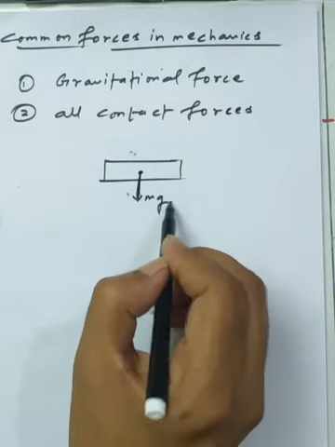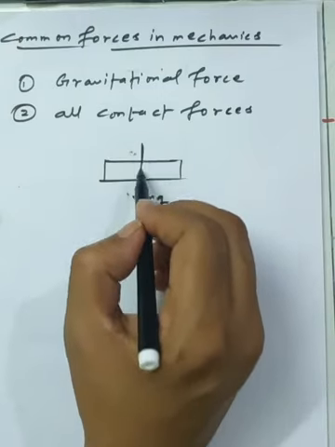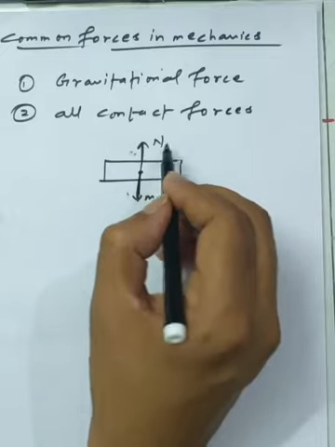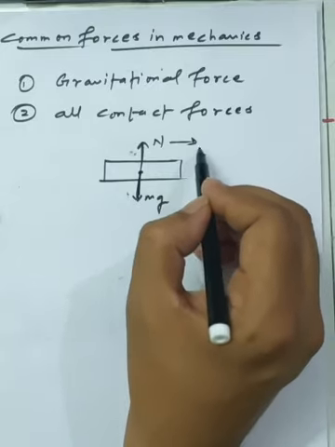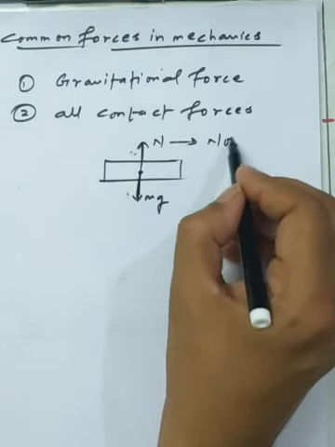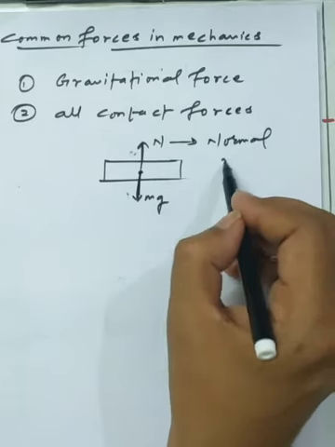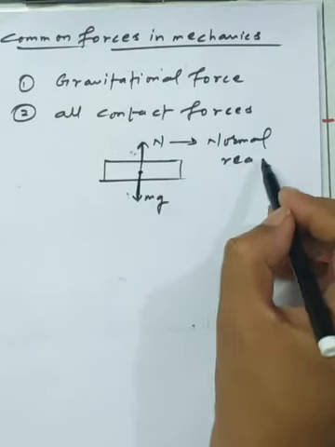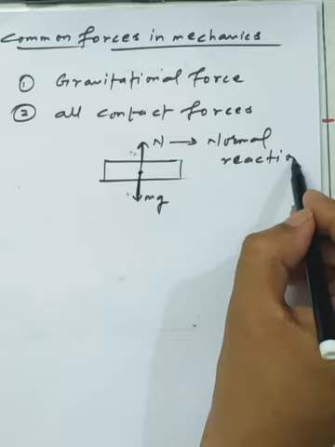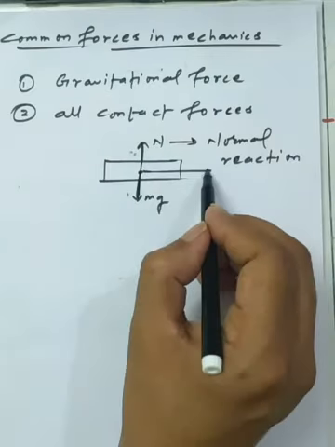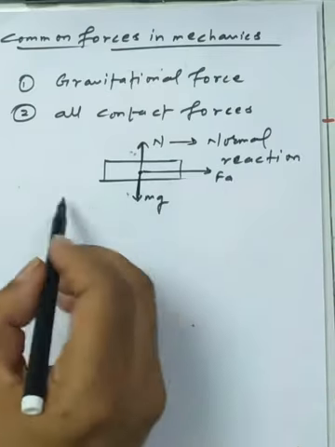Now this is the weight, that is called mg. So the surface offers the normal reaction, so it is a type of force in mechanics called the normal reaction, when two surfaces are in contact. Somehow we are applying a force here in the right hand side direction.